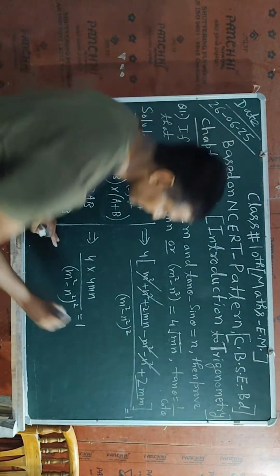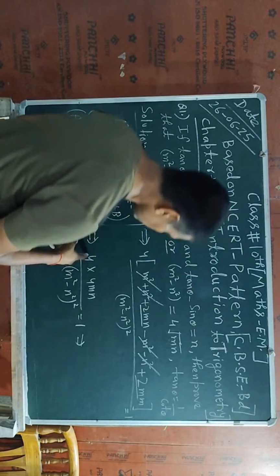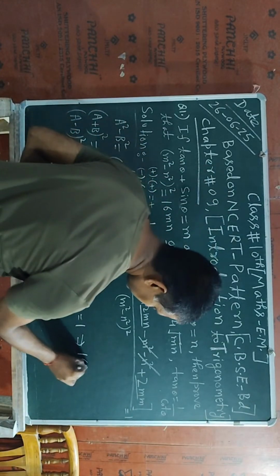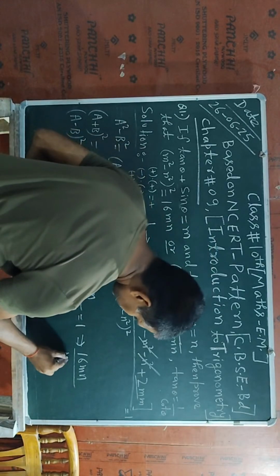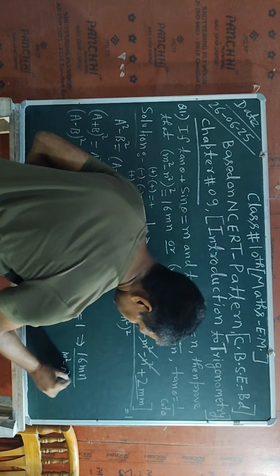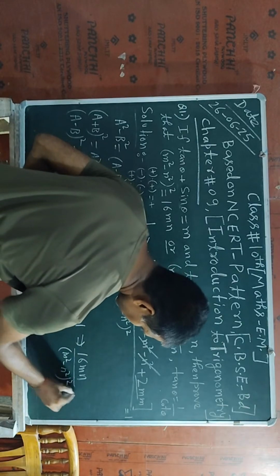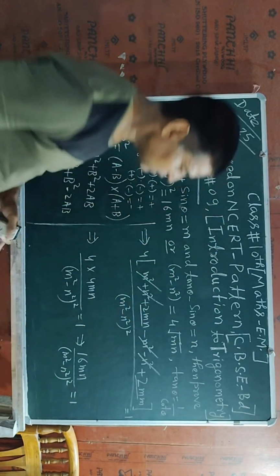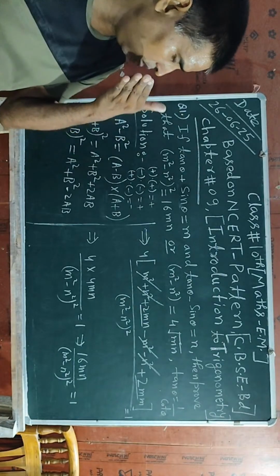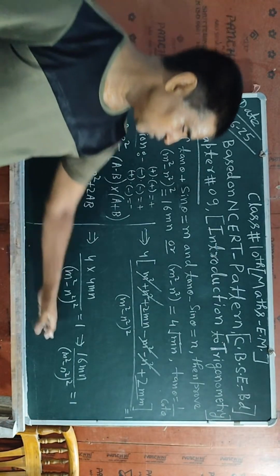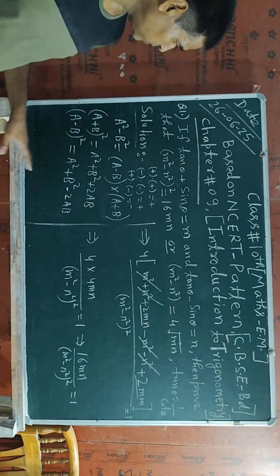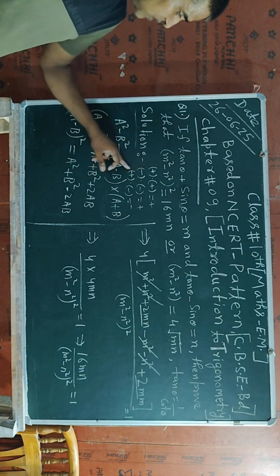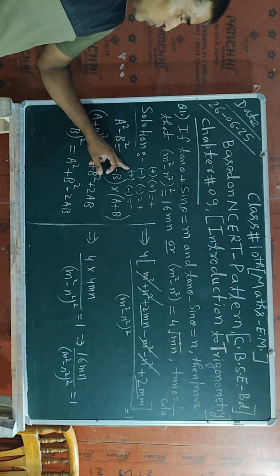Now further I will write such that 4 into 4, that will be 16m divided by m square minus n square whole square which is equal to 1. If you have any confusion, you ask in the comment section, I will reply. Okay, positively I will reply because this is information you have to know properly and simply also.